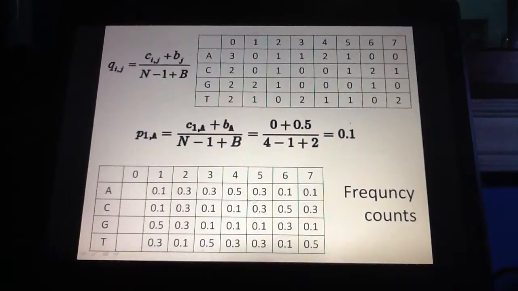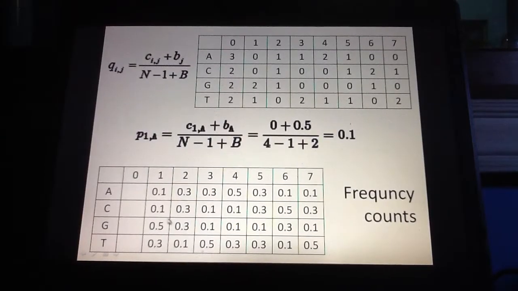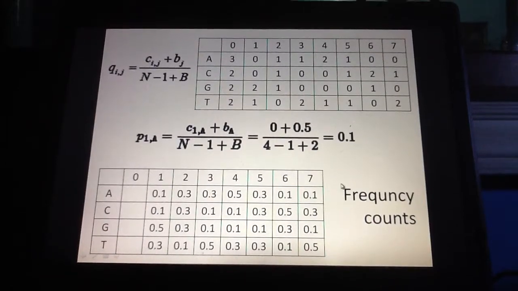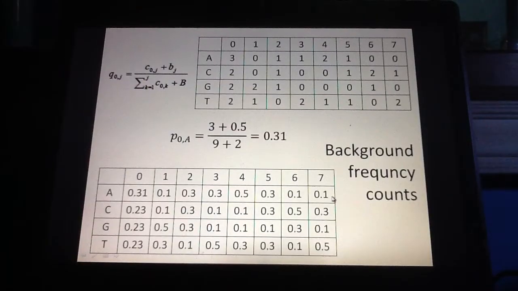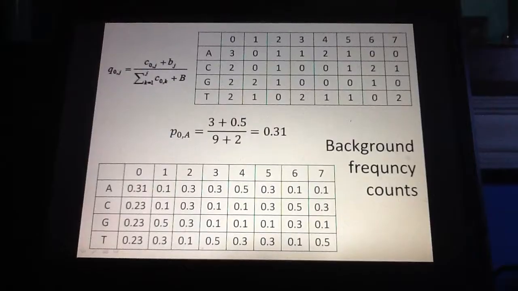Okay, so once you fill up this table here, which corresponds to the frequency counts or the probability that these residues will occur at the given positions in your motif, the next thing is we try to account for the background frequencies, and how you obtain this.